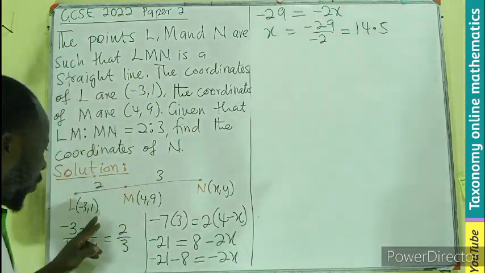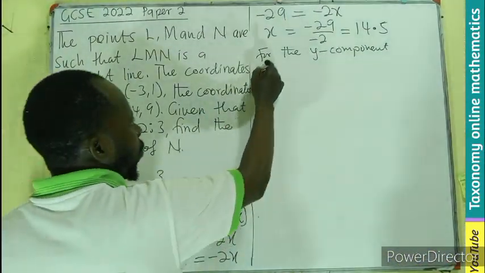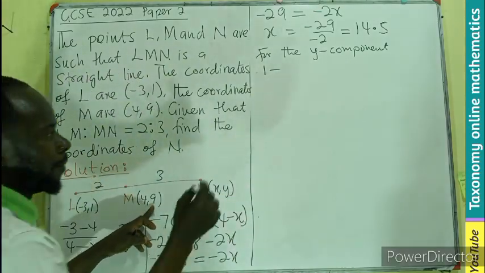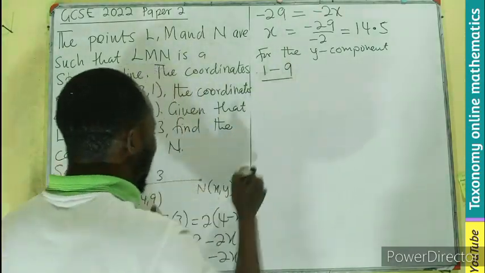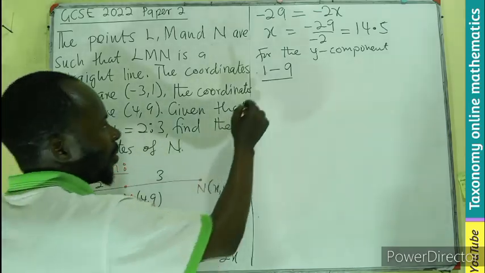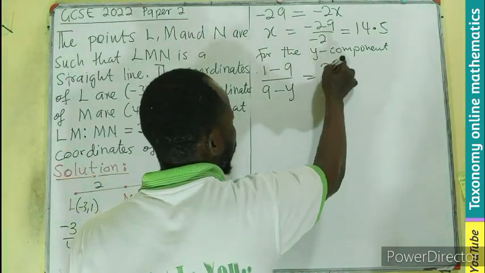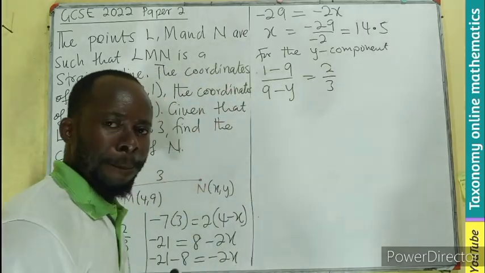For the y component, we go for (9 minus 1) over (y minus 9) equals 2 on 3.